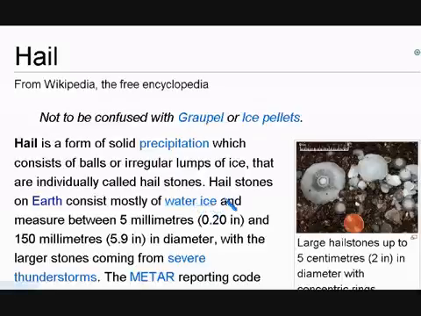And they measure between 5 millimeters or 0.2 inches and 150 millimeters or 5.9 inches in diameter. So diameter is from here to here. This is the diameter, whereas the radius is from here to here. That's the radius. So here's the diameter all the way across.